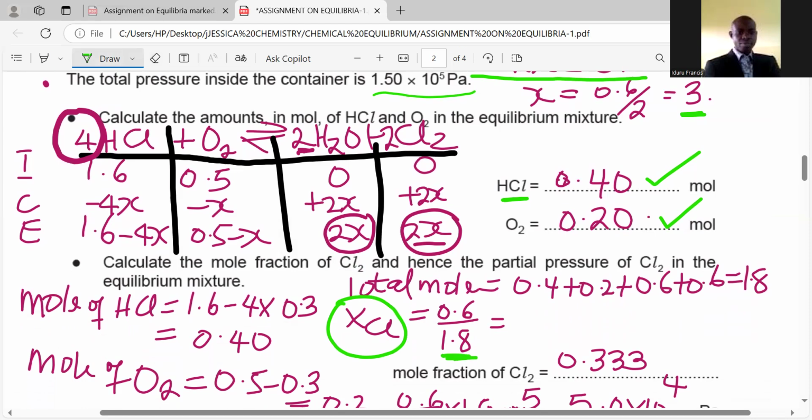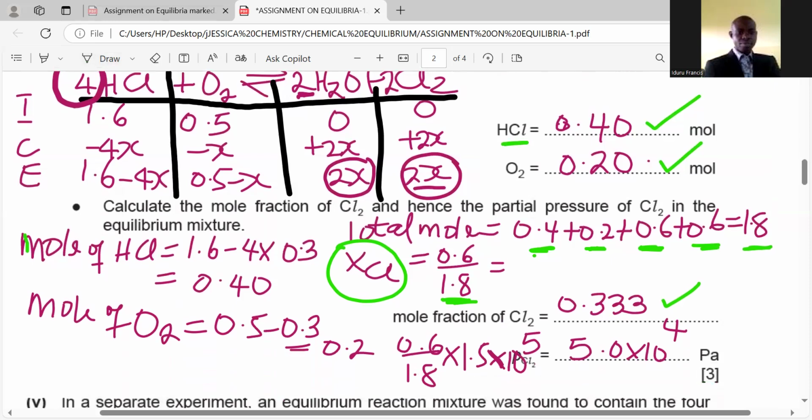Total mole is 0.4 plus 0.2 plus 0.6, we have 1.8. So the mole fraction will be 0.6 over 1.8, and that equals 0.33.